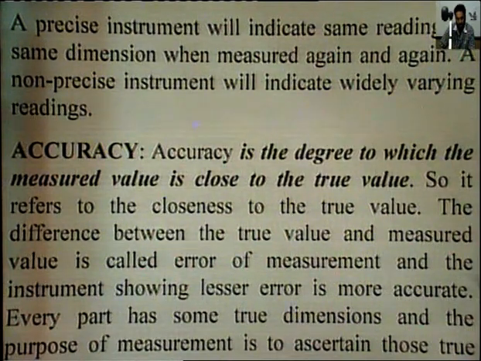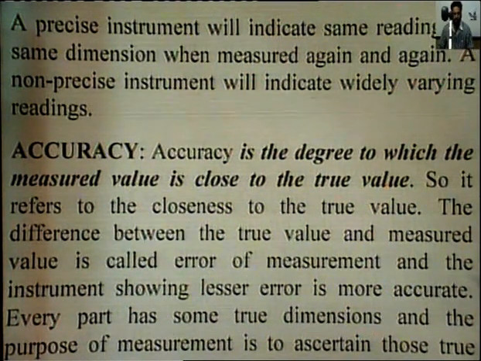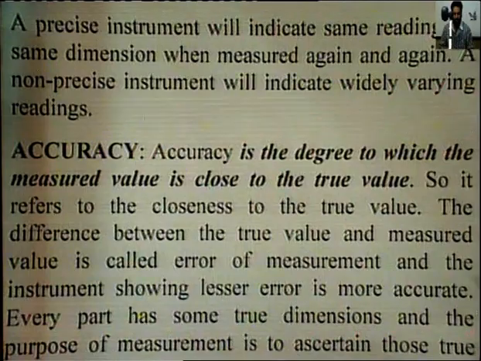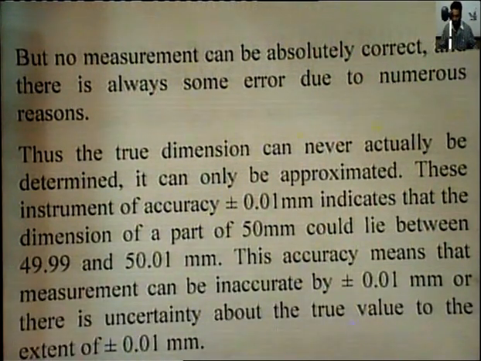Every part has some true dimensions, and the purpose of measurement is to ascertain those true dimensions. But no measurement can be absolutely correct, and there is always some error due to numerous reasons. Thus the true dimension can never actually be determined, it can only be approximated.